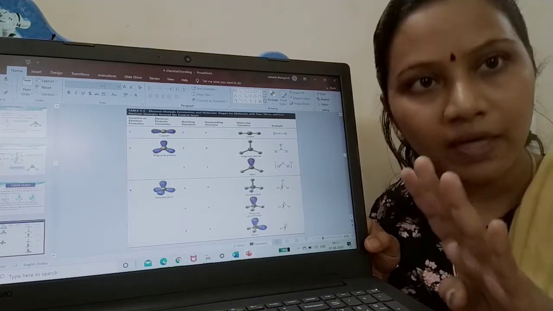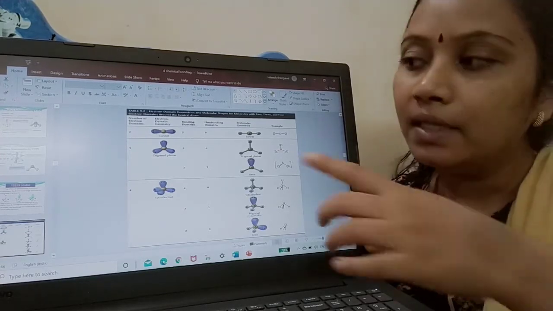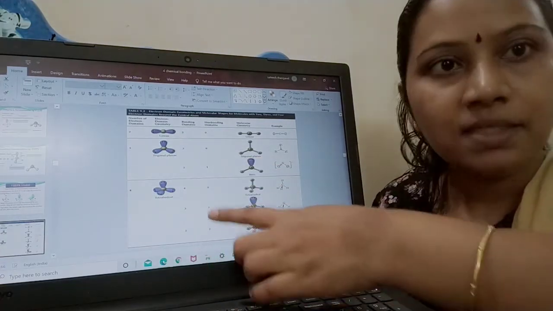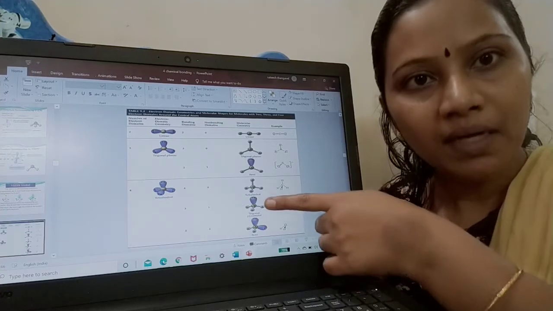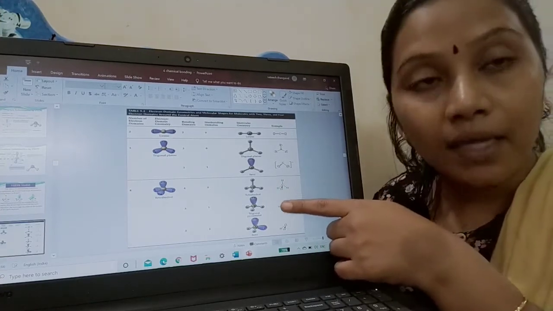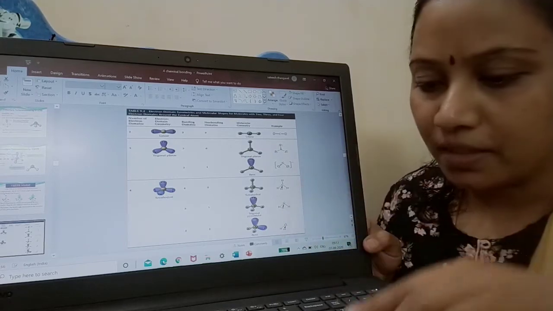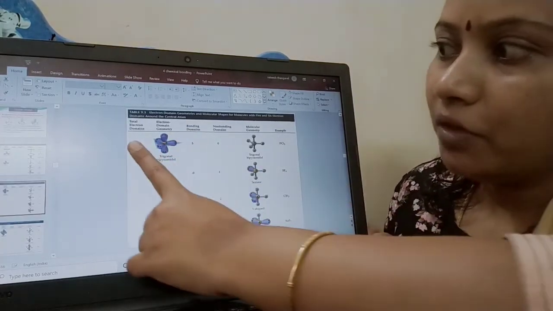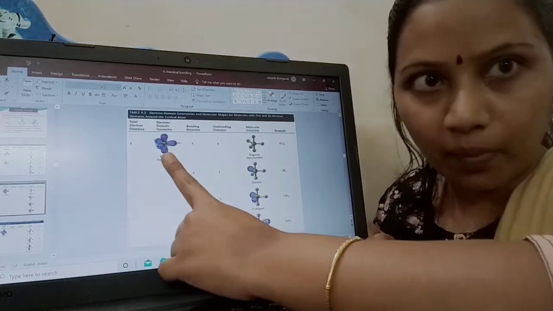Moving to the number of electron domains, 4. If the number of electron domains is 4, then electron domain geometry is tetrahedral. What happens to the molecular geometry? It can be tetrahedral or trigonal pyramidal or it can be bent. Okay, children. Now, if the number of electron domains is 5, it is trigonal bipyramidal in electron domain geometry.